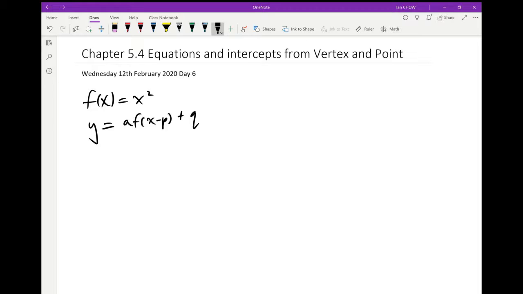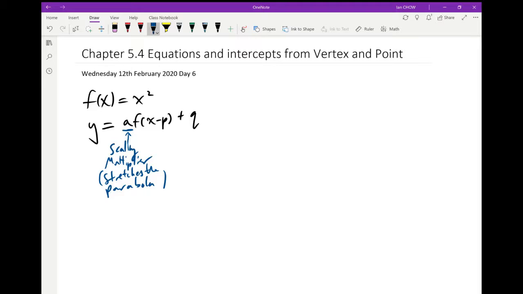So this is what we've been doing for the past two lessons, where a is the scaling multiplier. And what that means is it stretches the parabola.